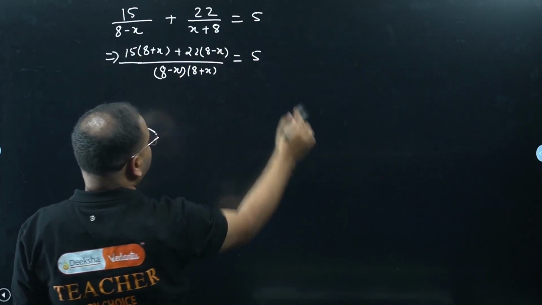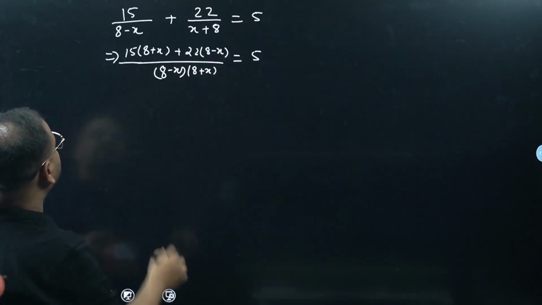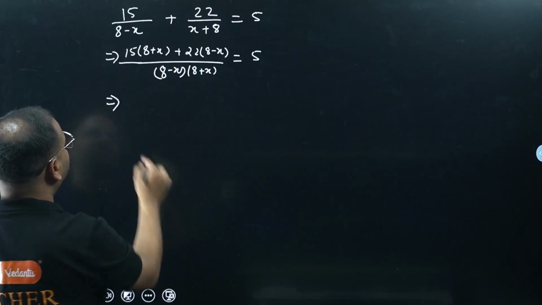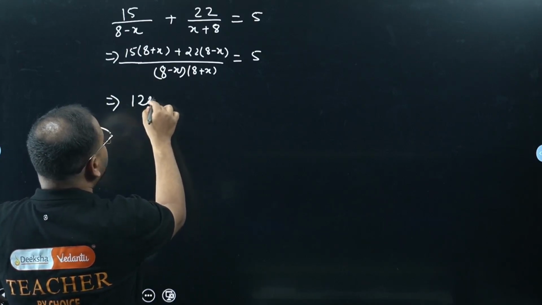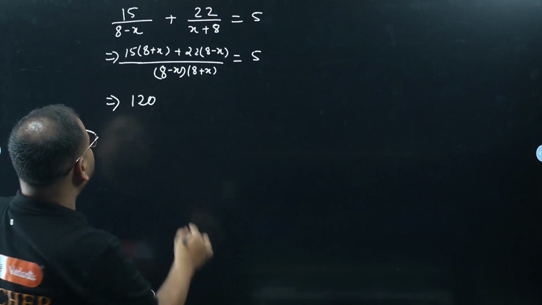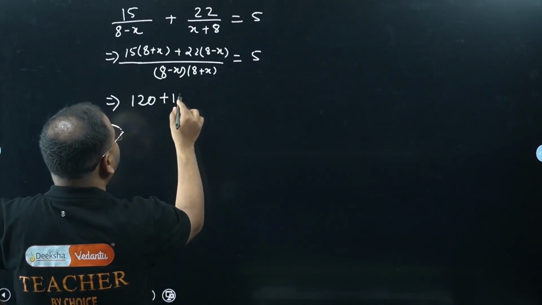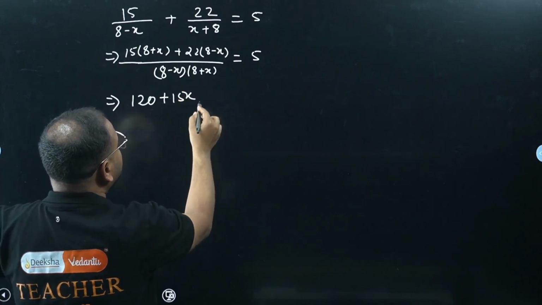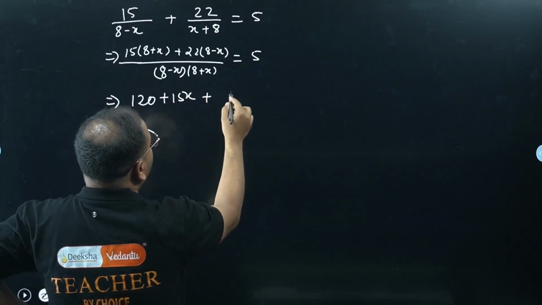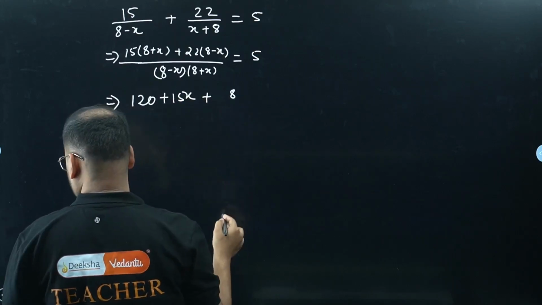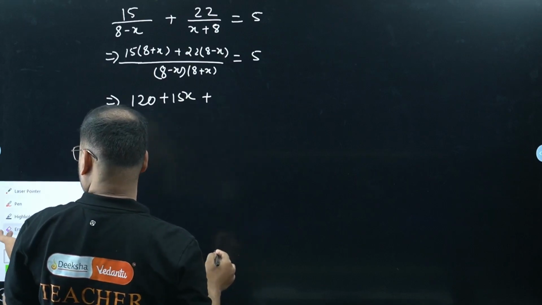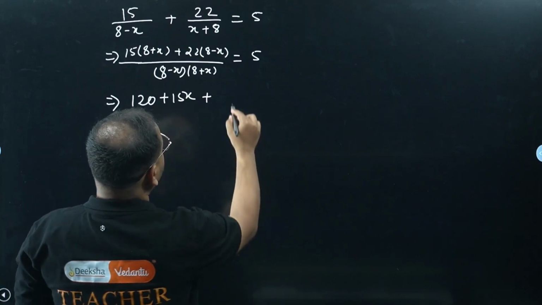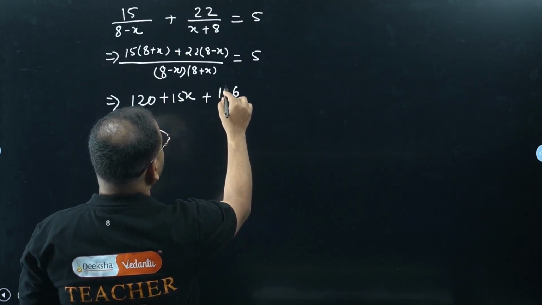Bear with me for the calculation. We'll try to make it as simple as possible for every one of you. 15 times 8 is 120, right? And 15x over here, plus 22 times 8 is 176, right?